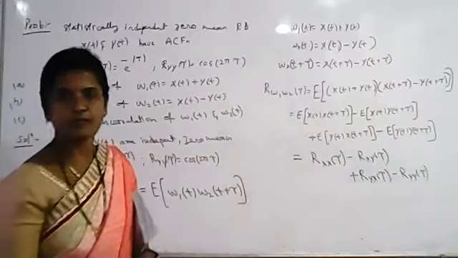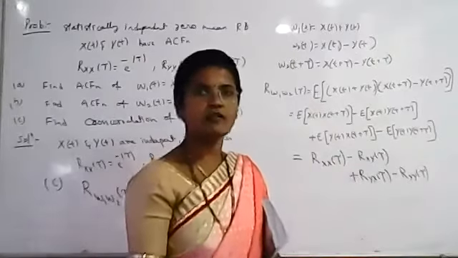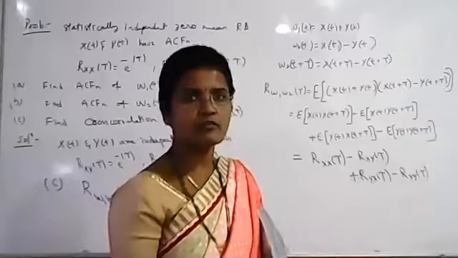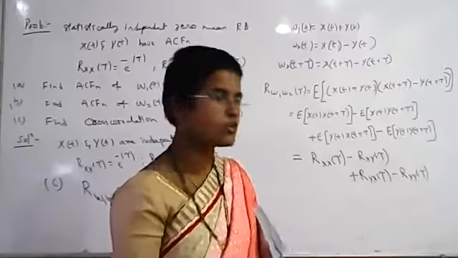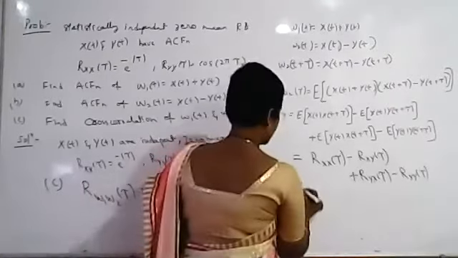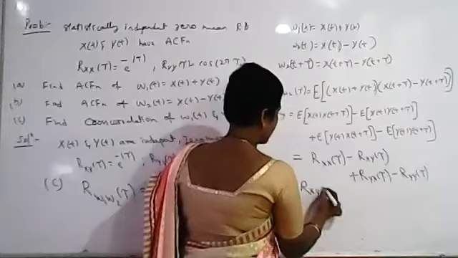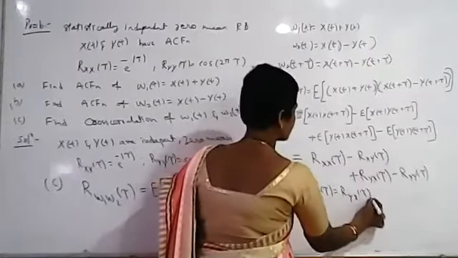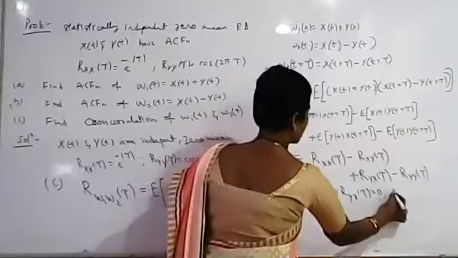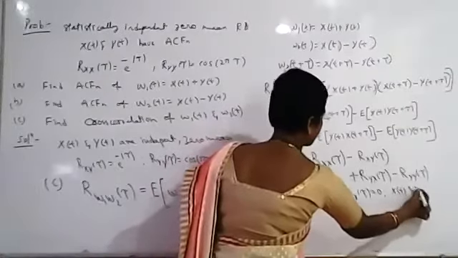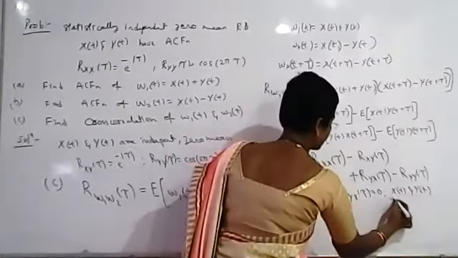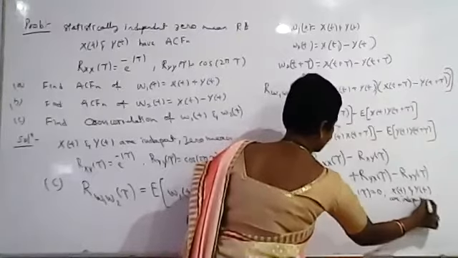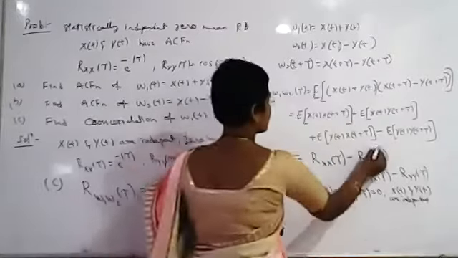It is given that both x of t and y of t are statistically independent. So the cross correlation between x of t and y of t will be equal to 0. So Rxy of tau is equal to Ryx of tau is equal to 0 because x and y are independent. Is it clear?